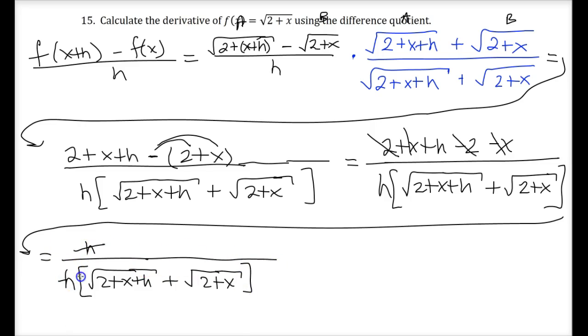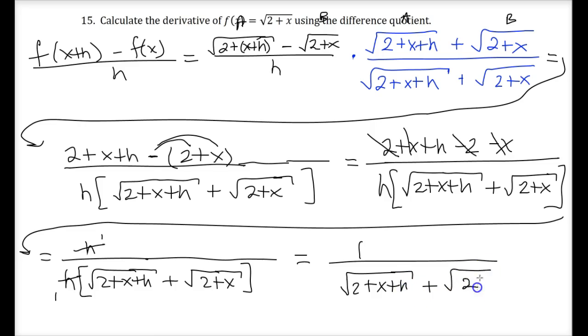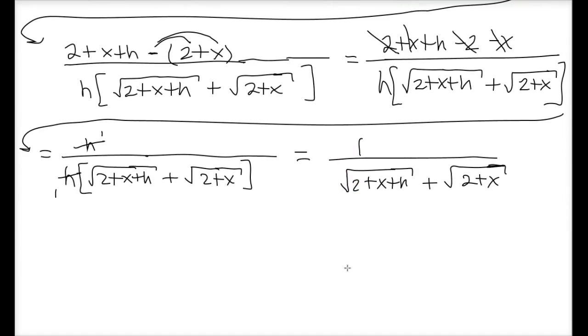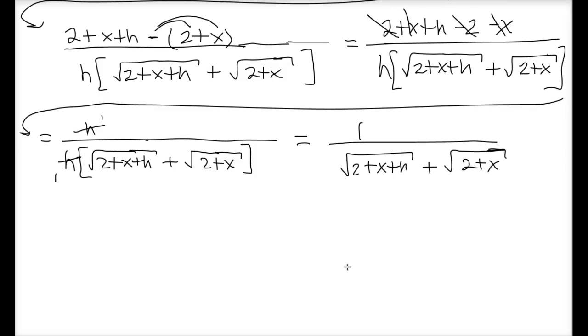And of course, these h's reduce to 1. And so now all we have is 1 over the square root of 2 plus x plus h, plus the square root of 2 plus x. And so this is what our difference quotient actually is. So now what we're going to do is take that and evaluate it by doing the limit as h goes to 0.